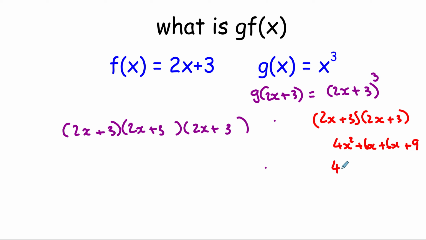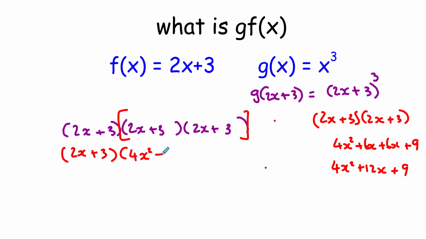So what we have is 4x squared plus 12x plus 9. Now, as we've expanded these two already, we can just work out what is 2x plus 3 multiplied by the entire 4x squared plus 12x plus 9.